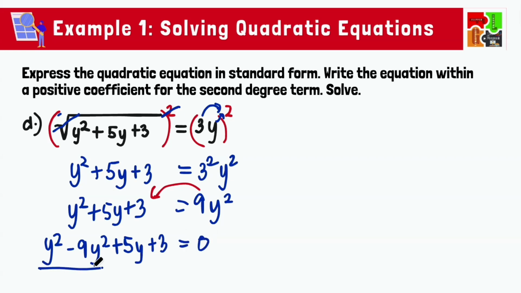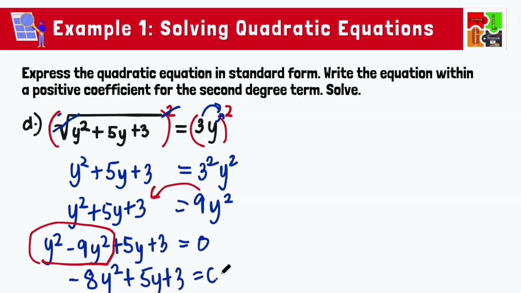You notice, pinagtatabi ko na sila agad, yung mga parehas na degree, para mabilis lang natin ma-simplify. And then when we simplify, y squared minus 9y squared would give us negative 8y squared plus 5y plus 3 equals 0.